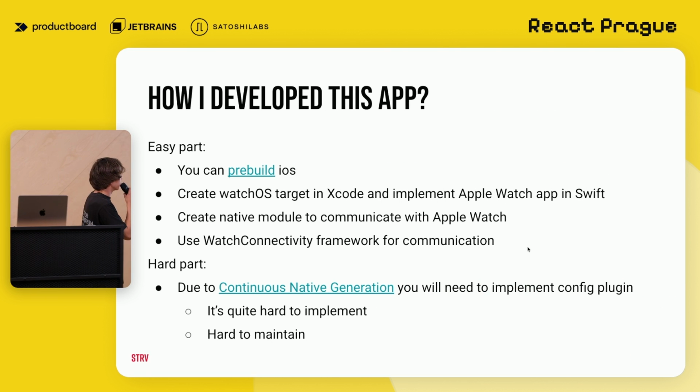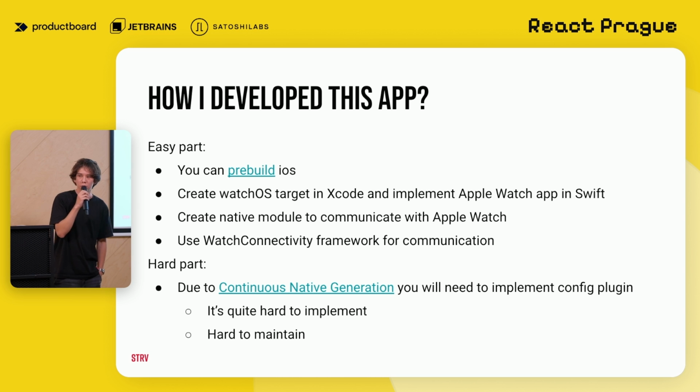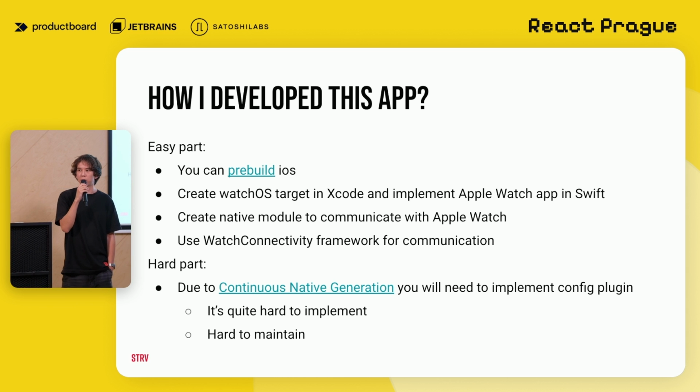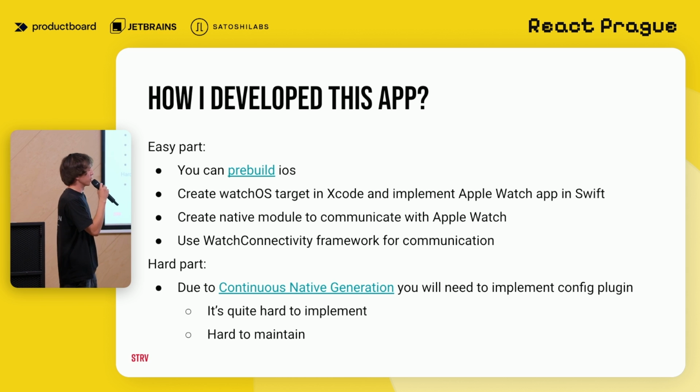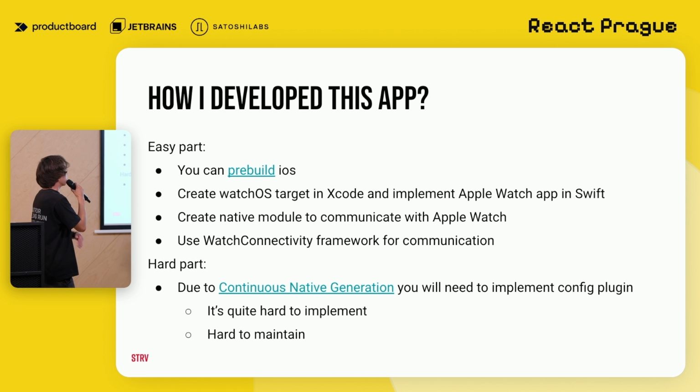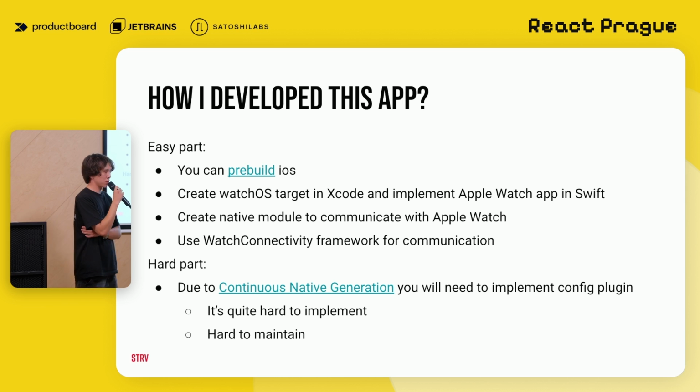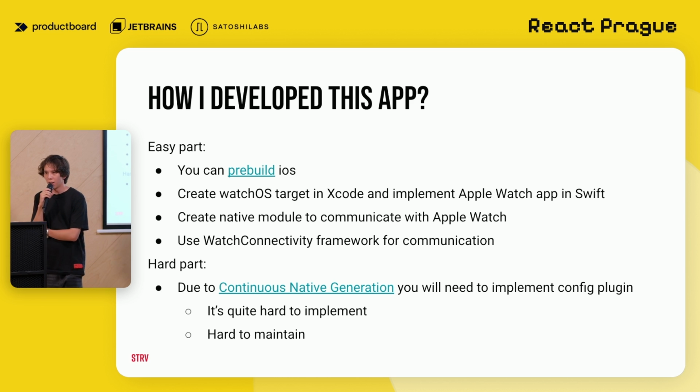And let me tell you the story of how I built this app. As I already said, I built the mobile app with Expo. For the Apple Watch app, you can pre-build the iOS project with Expo, then open the iOS project in Xcode, create the watchOS target, and then implement the Apple Watch application in Swift.